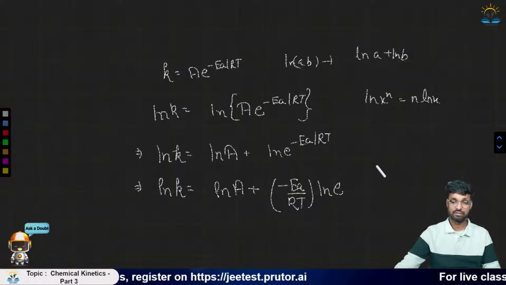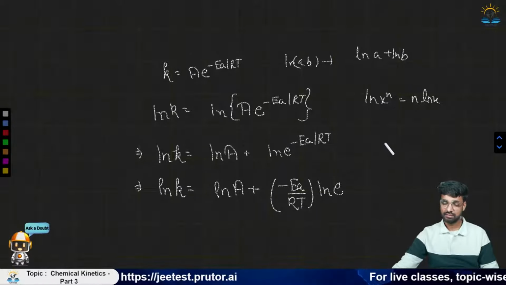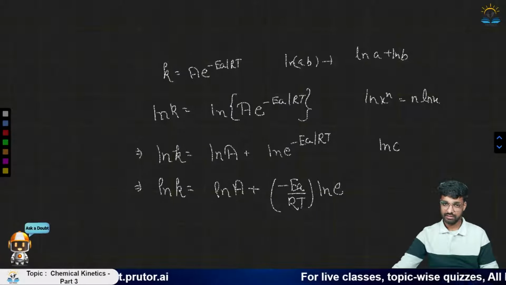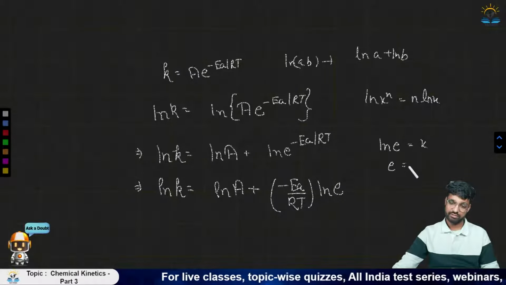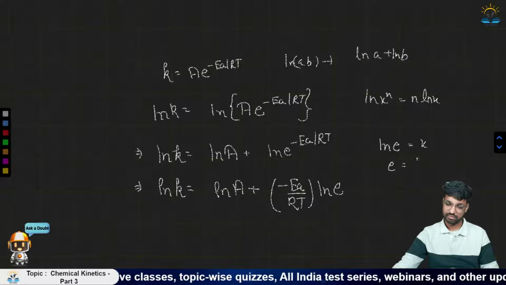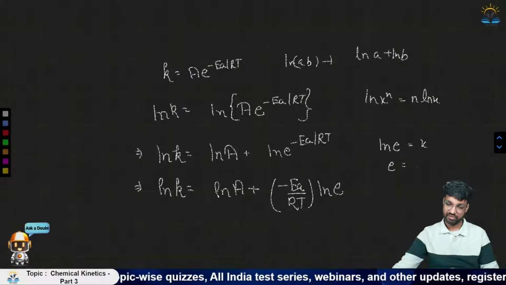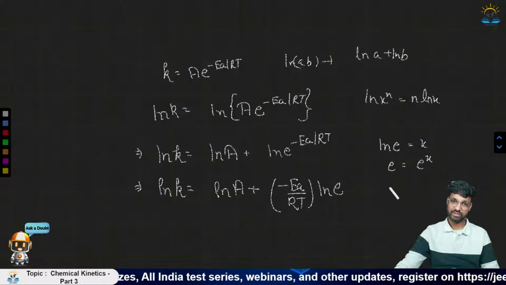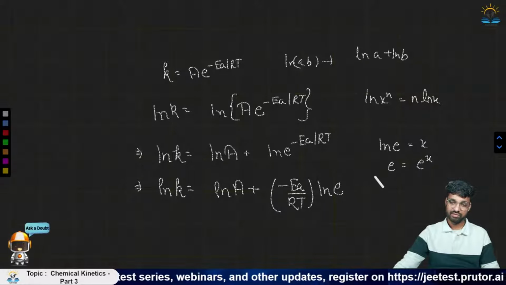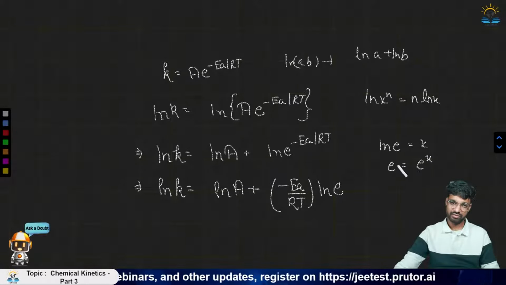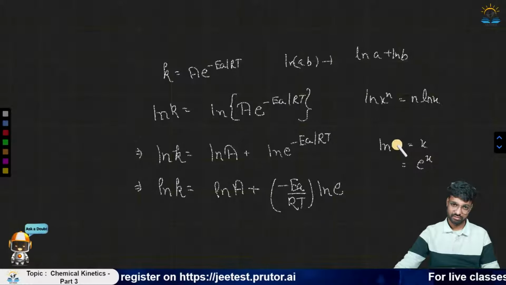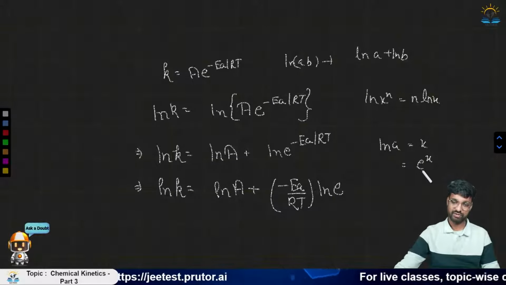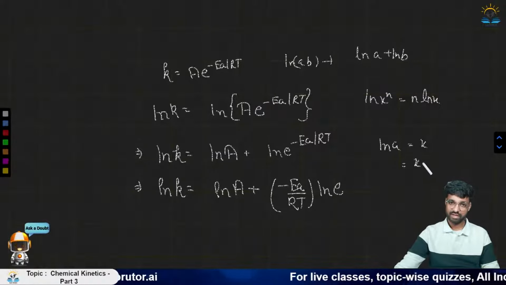Now we know that if ln e = x, then e = e^x. So this is the equation we know very well.